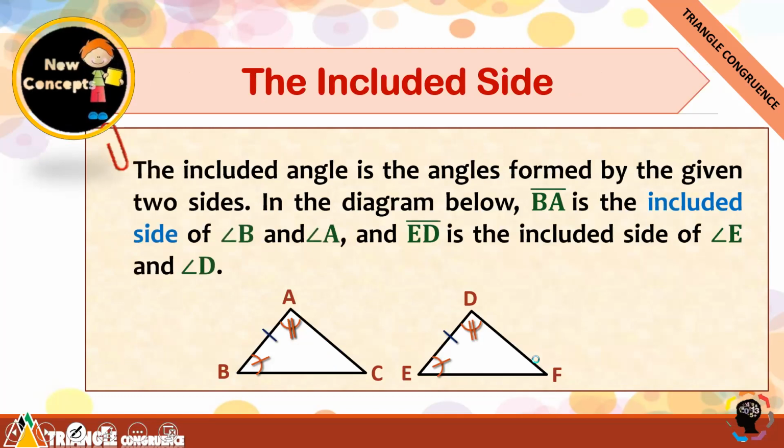Side BA is the included side of angle B and angle A. Side ED is the included side of angle E and angle D.